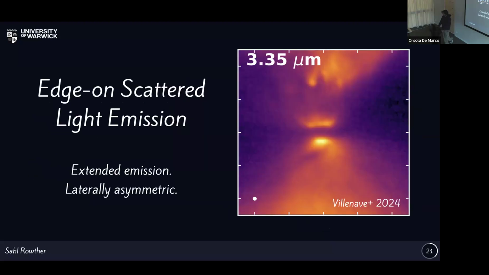And additionally, in edge-on views of scattered light, we also see extended emission, and the emission from the top and bottom surface of the disk can also be laterally asymmetric, indicating that this is potentially infall.